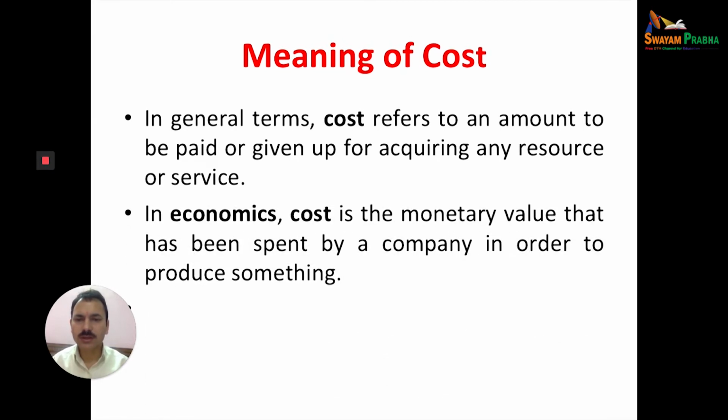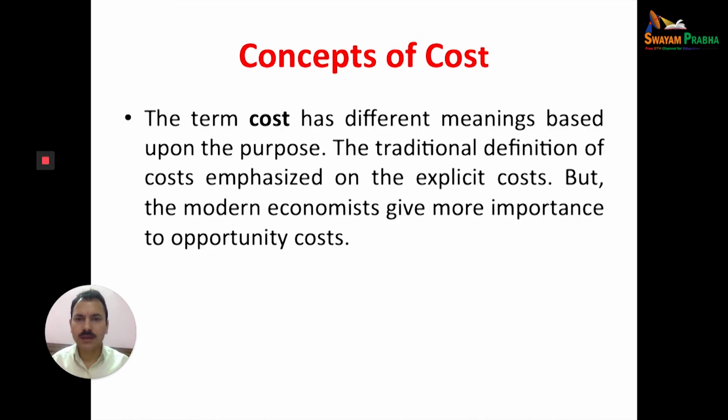In economics, cost is the monetary value that has been spent by a company or a firm in order to produce something. When any firm wants to produce any goods, there is a need for a lot of inputs, and the amount spent on the purchase of these inputs is called cost. The term cost has different meanings based upon its purpose.